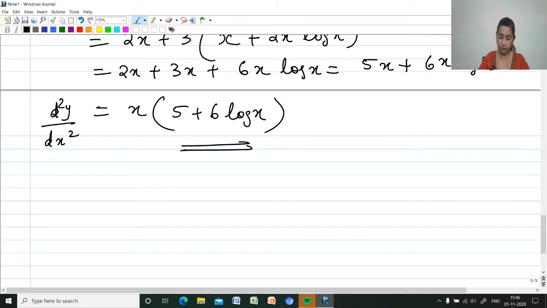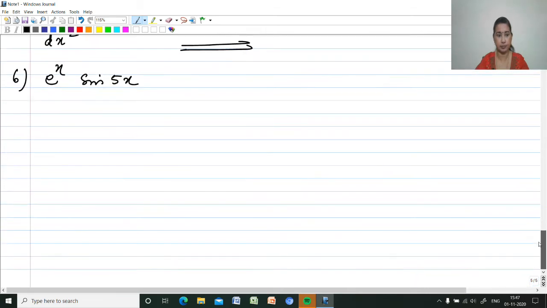Now next one, sixth question, e raised to x into sine 5x. Let y is equal to e raised to x into sine 5x. Differentiating with respect to x, dy by dx, we can apply product rule.